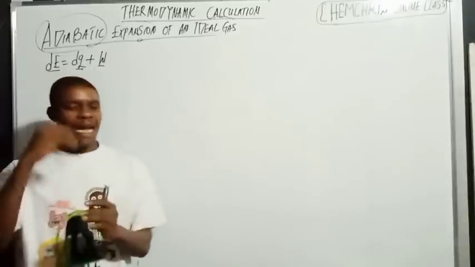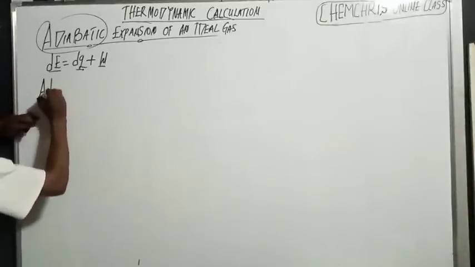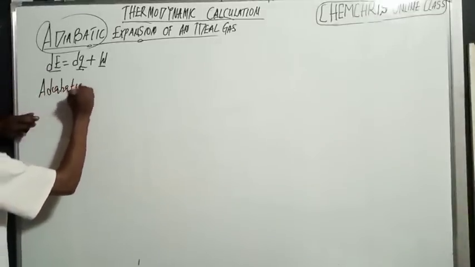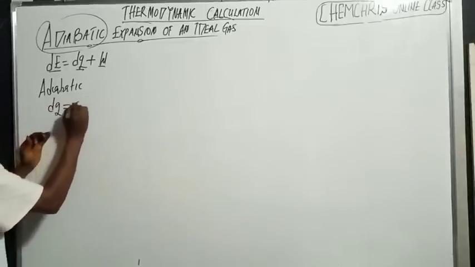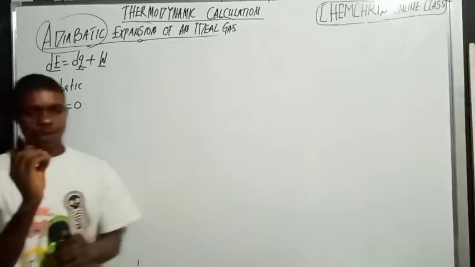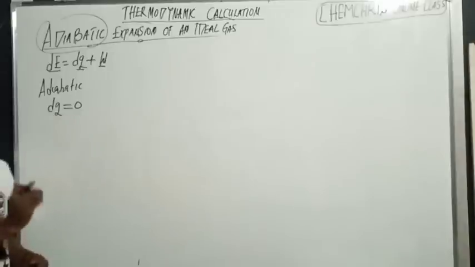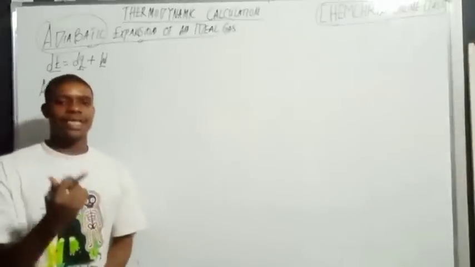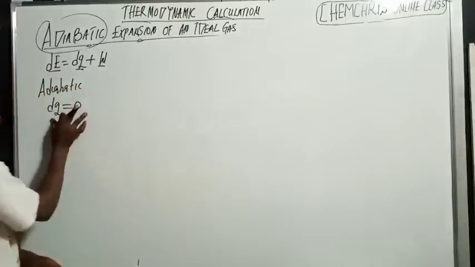So if you talk about adiabatic, change in Q is equal to zero. Do you understand? This is what you want to understand here. Because I talk about an adiabatic process or system, change in Q equals zero. That is, there is no exchange of thermal energy between the system and the surroundings. Do you understand? So this is the first one to look at.